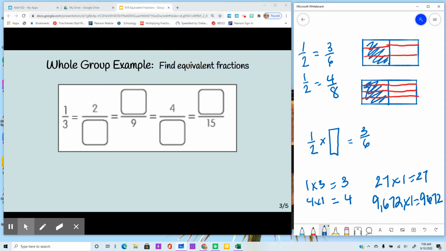So any number times 1 equals that number. So when we multiply fractions, we're multiplying by 1. That 1 just looks different.